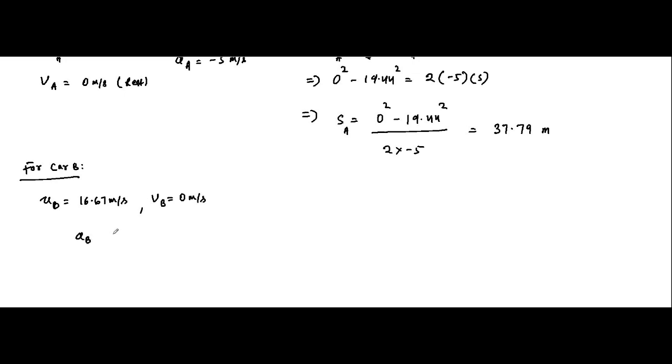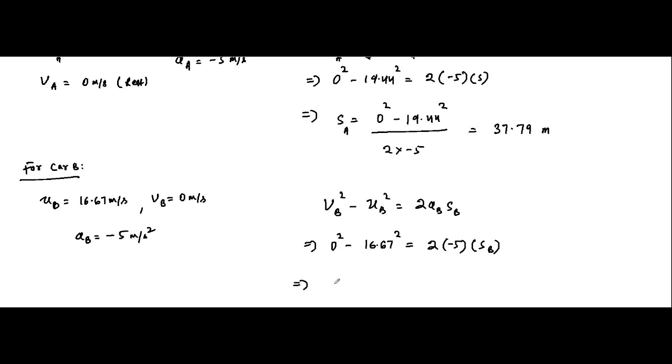Acceleration is the same for both, retardation, that is minus 5 meter per second square. Same formula, VB square minus UB square equal to 2 AB SB. That implies 0 square minus 16.67 whole square is equal to 2 into minus 5 into SB.